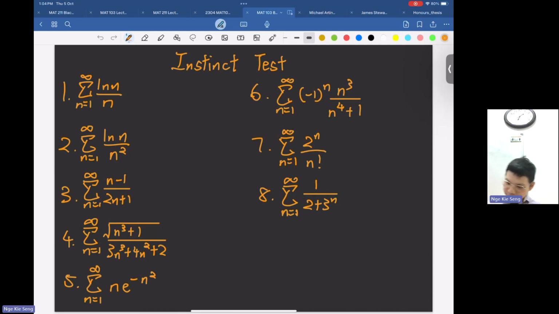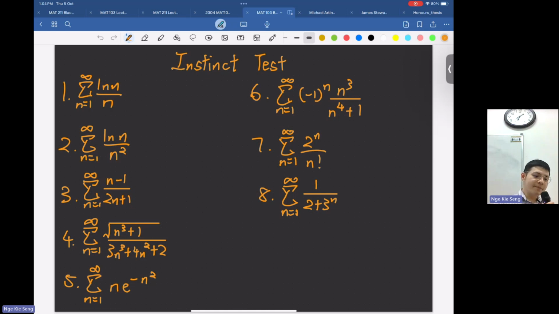So these series, I think we won't do it now. Please go back and do this question. I'll post the solution. When you do this, don't sit there and think about it. Try to read all the tests and use instinct to answer them.